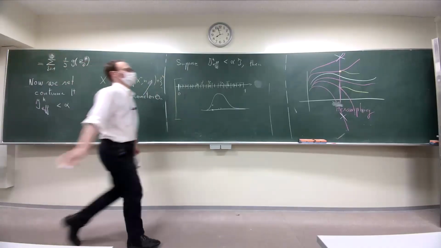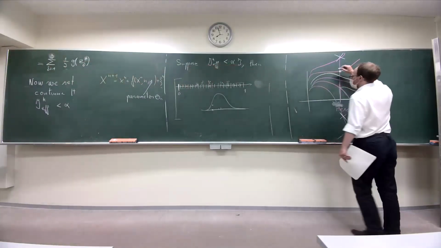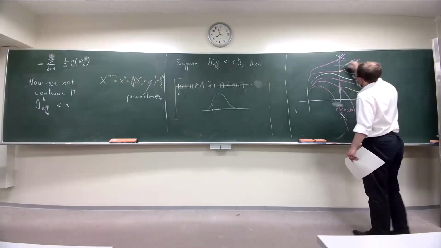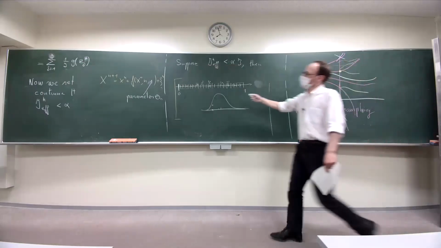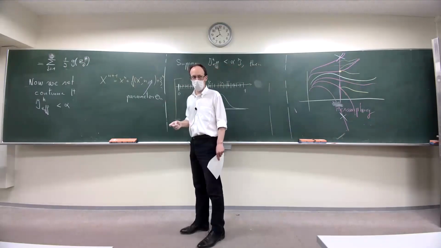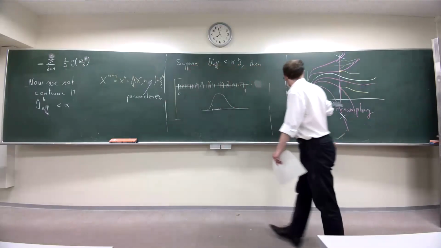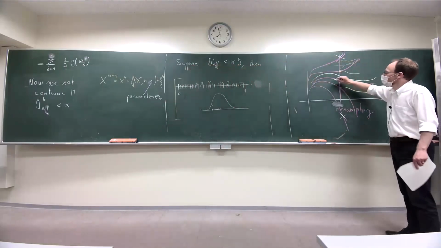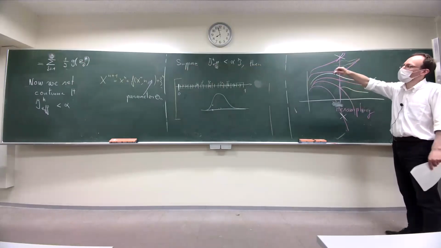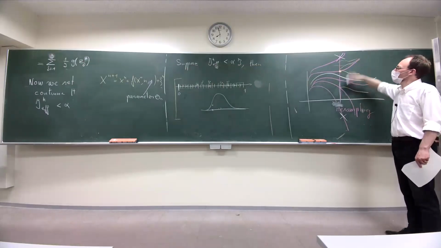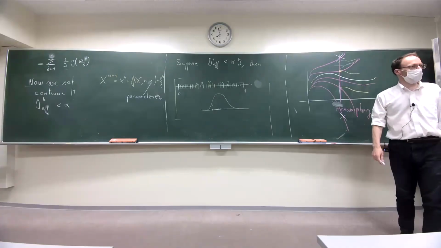How? Because you create enough particles. You create enough particles with different values of theta. And then the one with a wrong theta n will just move away at a certain point.